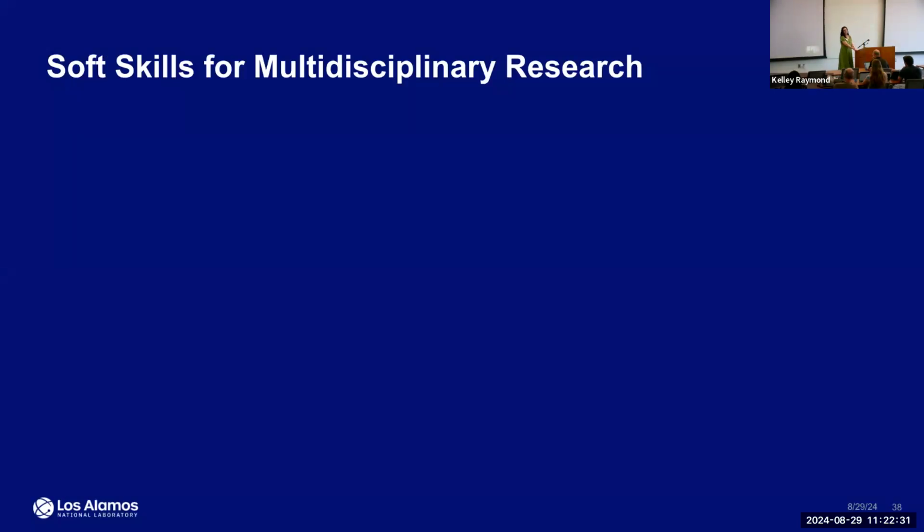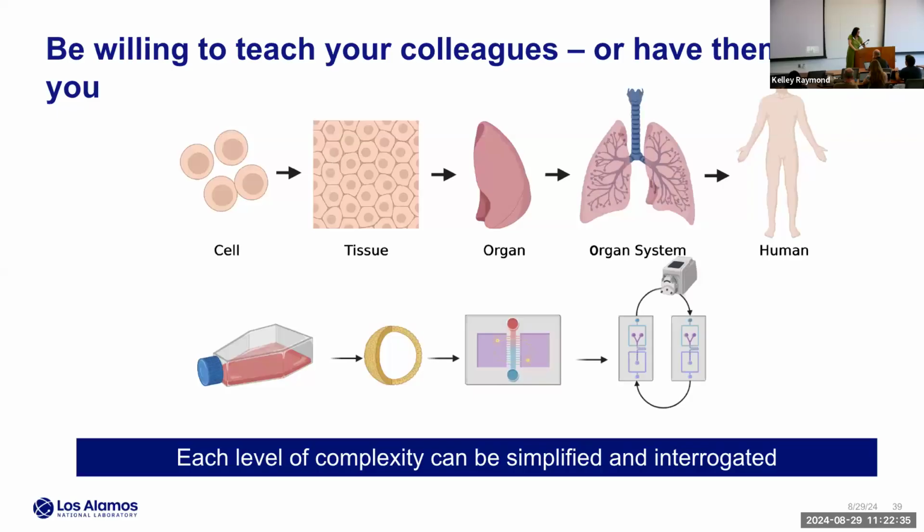I'll close with some soft skills for multidisciplinary research. It's just sort of some useful things for all of us. Be willing to teach your colleagues and let them teach you. I had so many folks in different projects who asked me what a biomarker was, or what the different levels are. Where are you working? Where is your space?